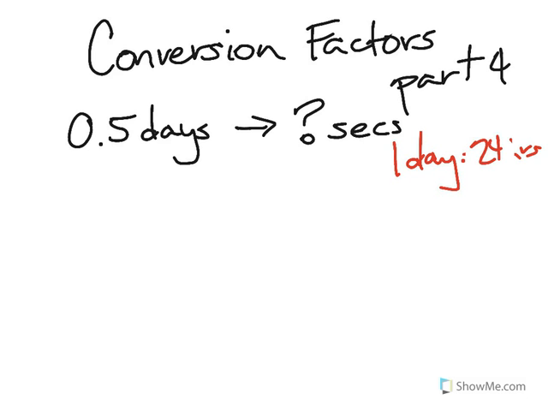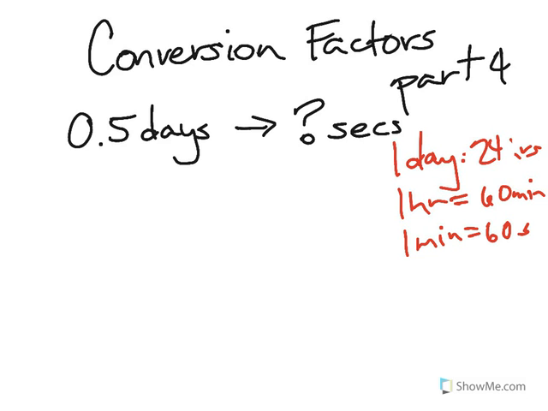All right. We're probably going to need to go from hours to minutes. So 1 hour is equal to 60 minutes. We're probably going to need to go from minutes to seconds. So 1 minute is equal to 60 seconds.